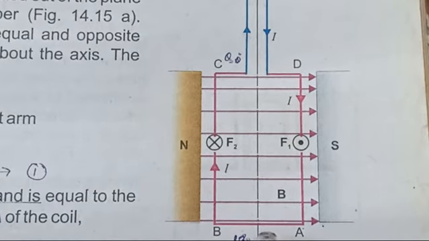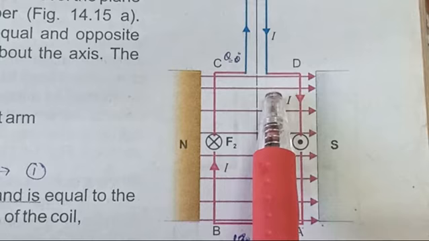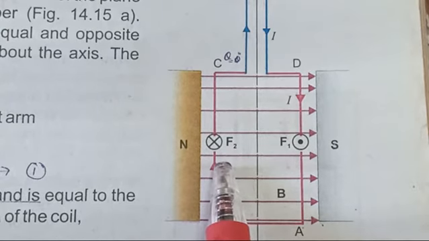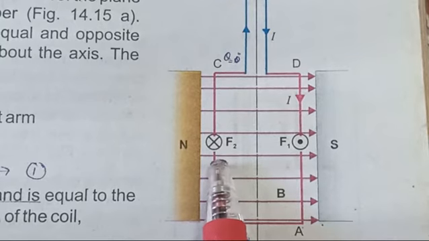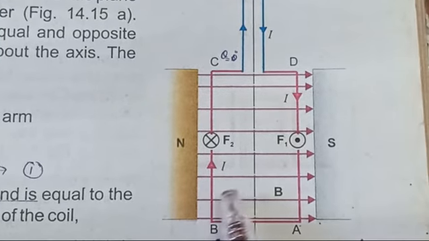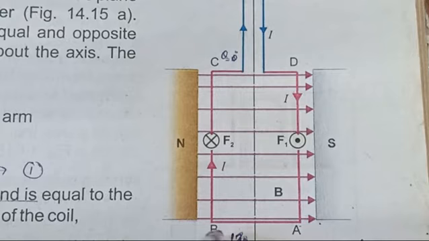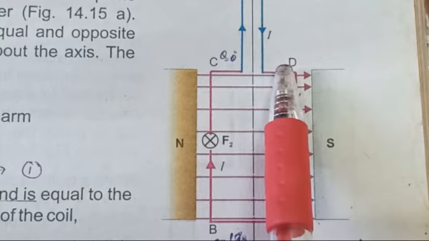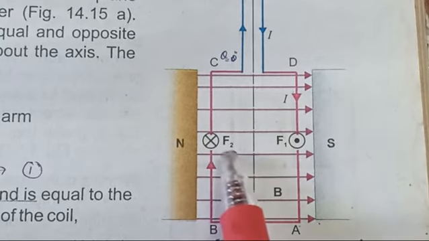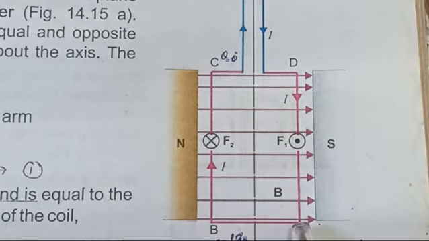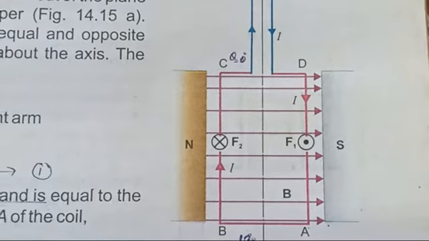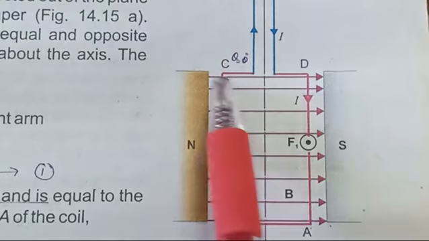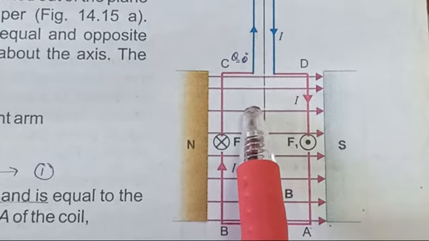Sin 0 and sin 180 both give 0 value. So the force on side AB and side CD is 0. Why? As the force formula is the product of I, length of the conductor, and B, ILB sin theta. When theta is 0, sin 0 is 0, and when theta is 180, sin 180 is also 0.